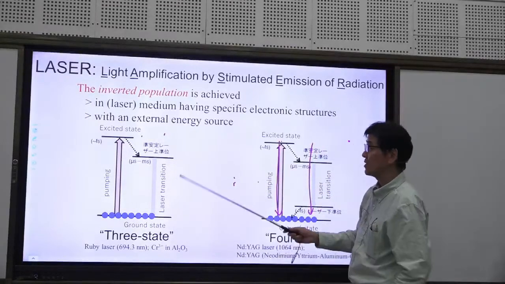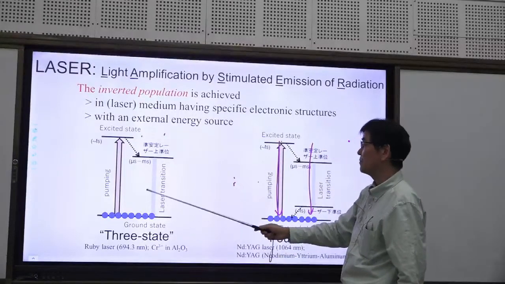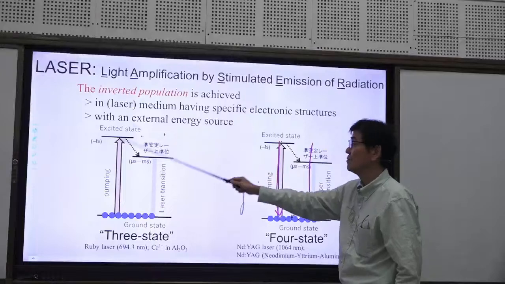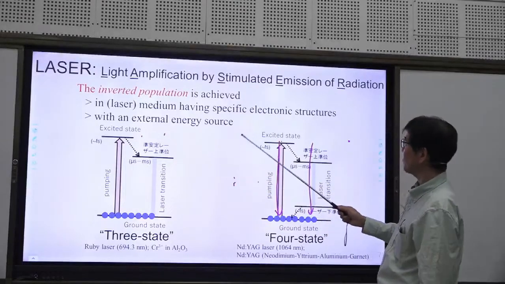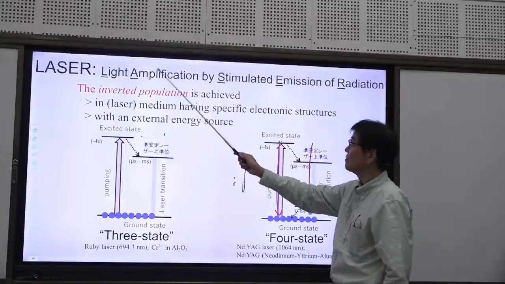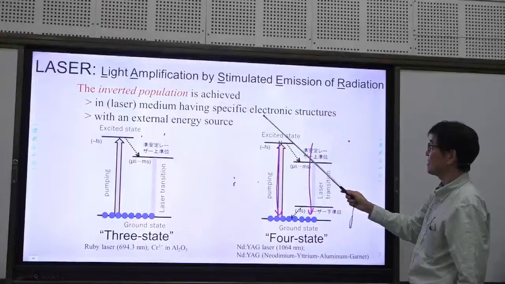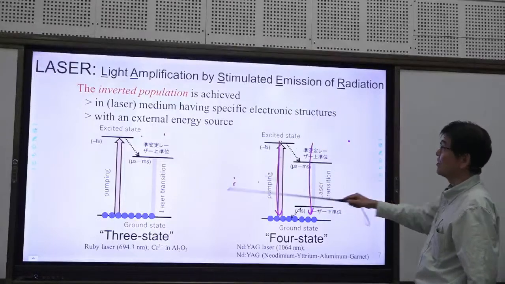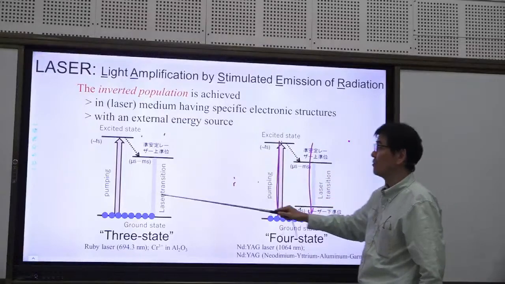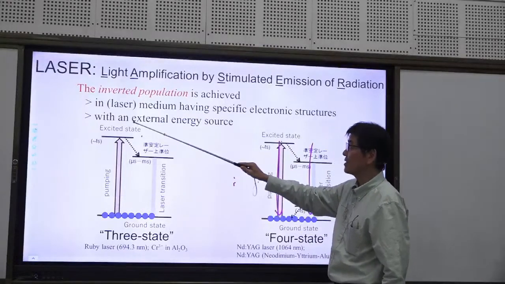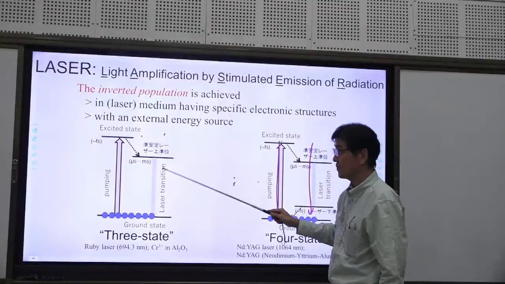To circumvent this situation, they prepared some laser medium. In the laser medium having specific electronic structures, inverted population is achieved. For this purpose, an external energy source is required.